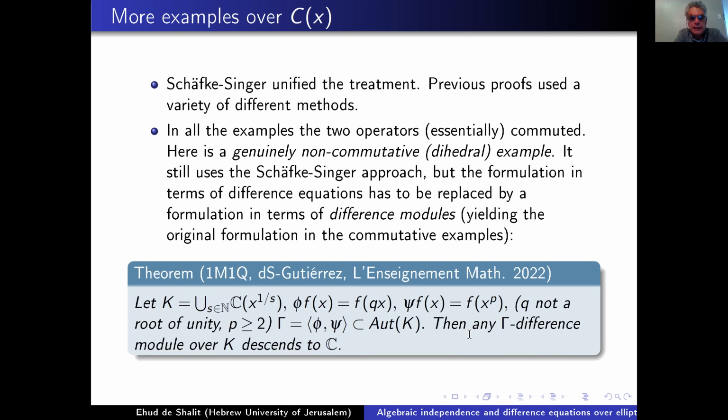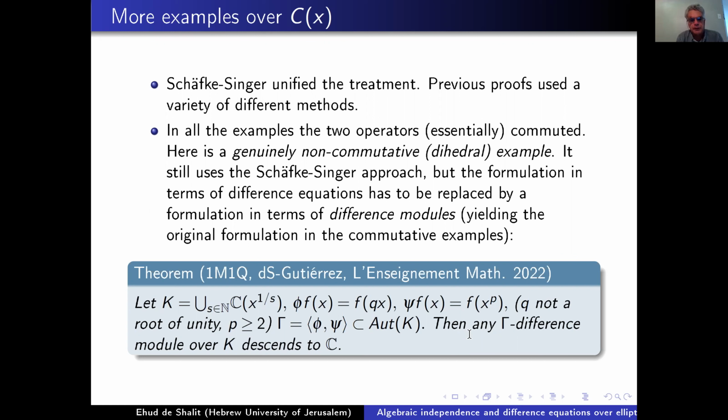And in all the examples, the two operators commuted or essentially commuted. But if you phrase the theorems in terms of difference modules rather than difference equations, and we will come to this, for the moment I don't want to give the definition of a difference module, but just remember that there is a way to phrase them in an equivalent way that lends itself to generalization to the non-commutative case.